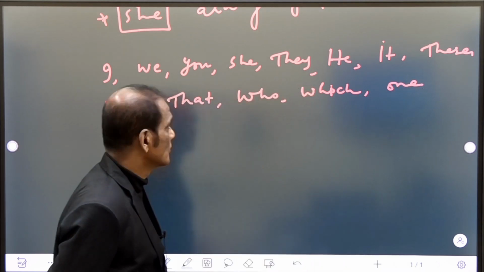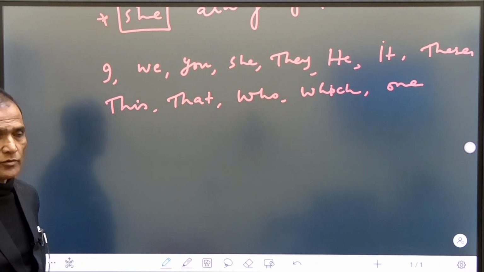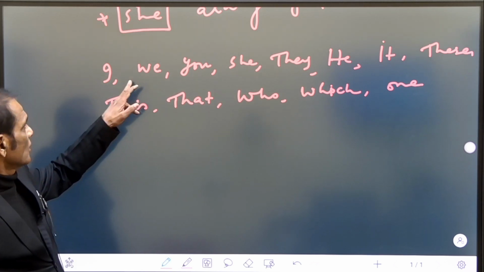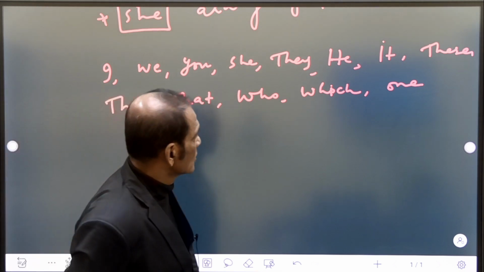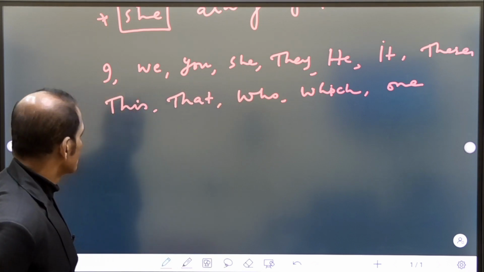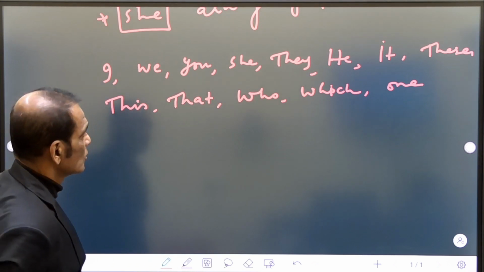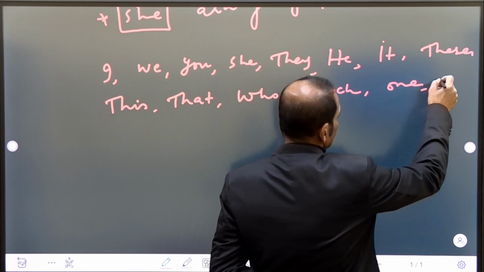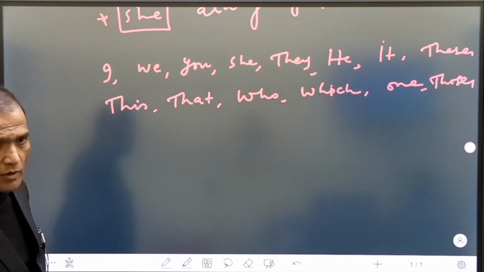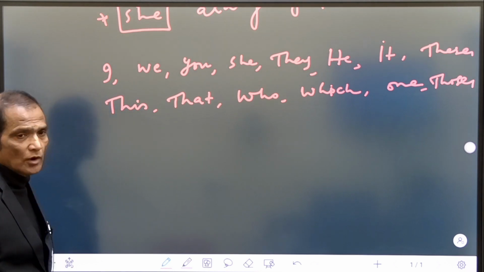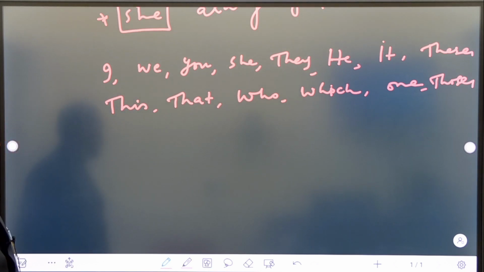These are nominative pronouns. Again, see, I, we, you, she, they, he, it, these, this, that, who, which, one, and also those. These are nominative pronouns because these pronouns are used to nominate, to point out a person or somebody or something.